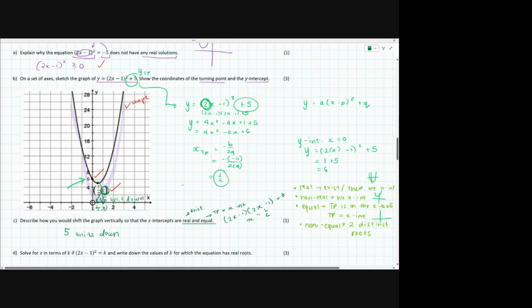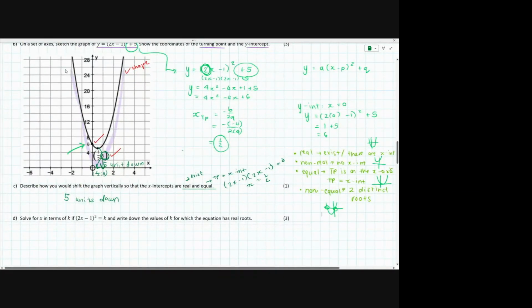Equal, your turning point is on the x-axis. Two distinct roots, or non-equal roots, would be something like this. That value is very clearly different to that value, so they're two distinct roots. So that's kind of a graphical summary of roots when it comes to quadratic functions and quadratic equations.